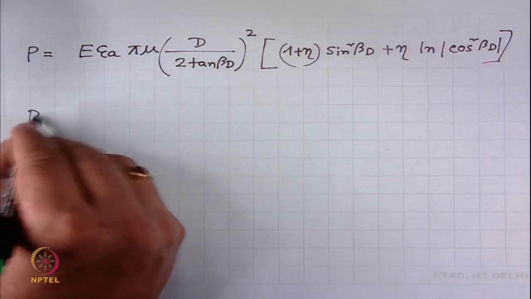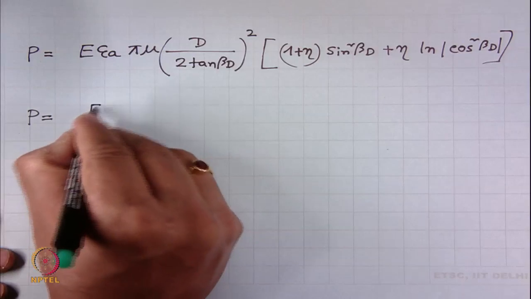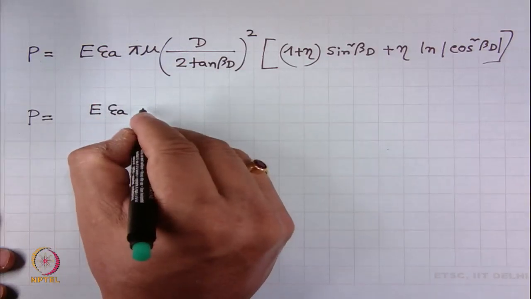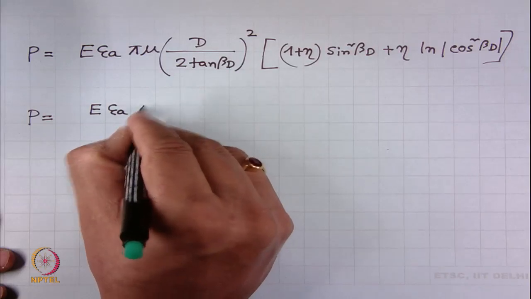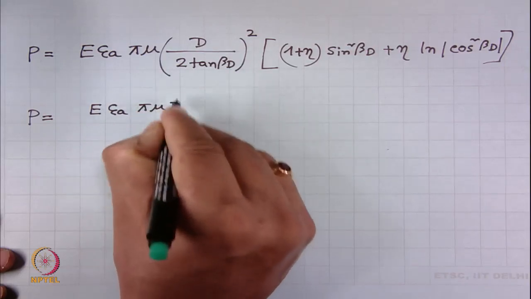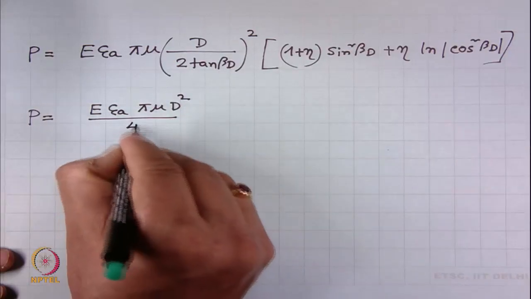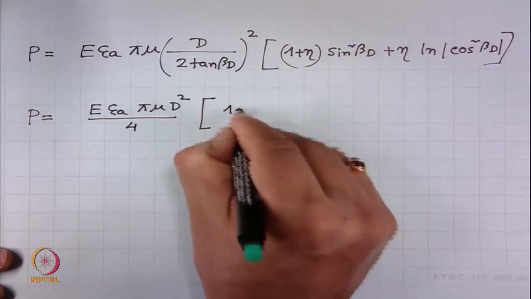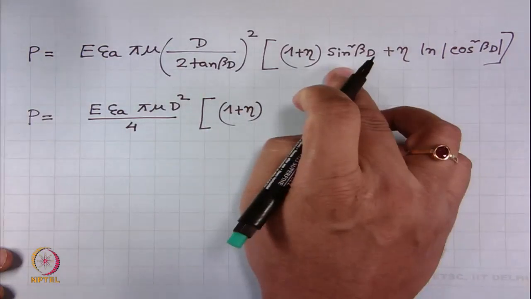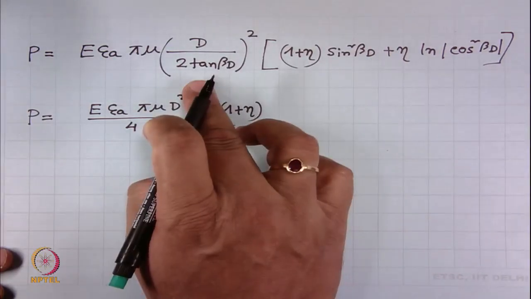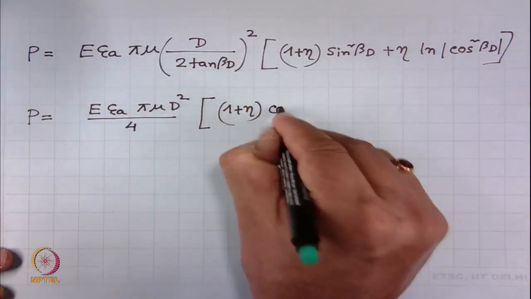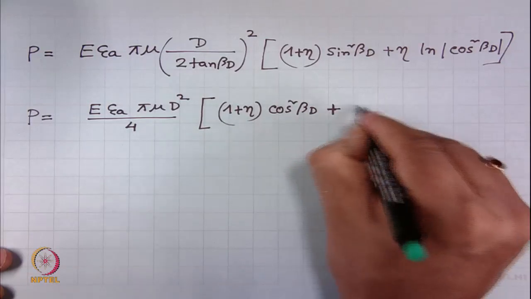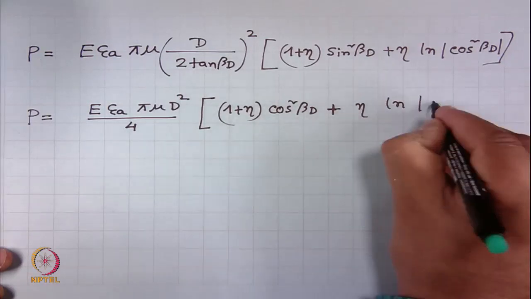So, what will become: E epsilon A pi mu d square by 4 into 1 plus eta sin square beta d divided by tan square beta d plus eta ln cos square beta d by tan square beta d.